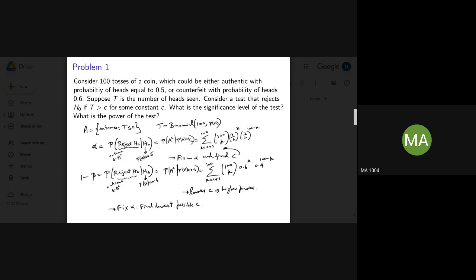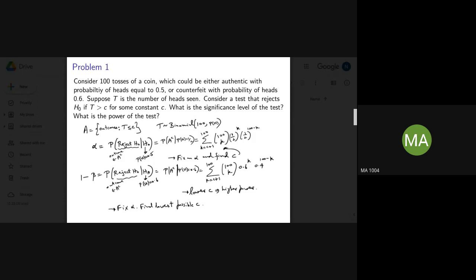So first of all, we will write down what all information is given to us. From this question, first you will have to decide what is your null hypothesis and what is your alternative hypothesis. So what is your null hypothesis here? Probability of head is equal to 0.5.